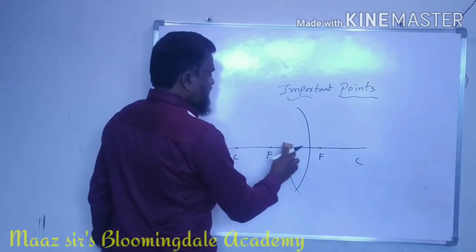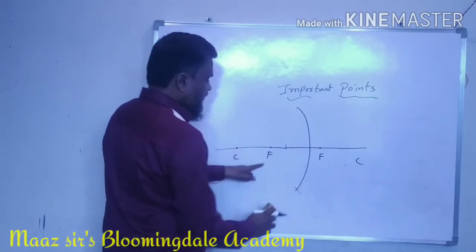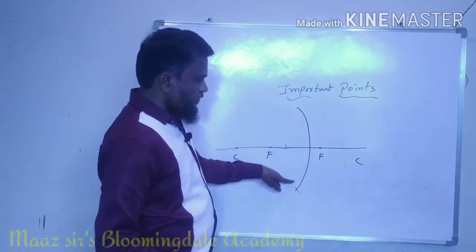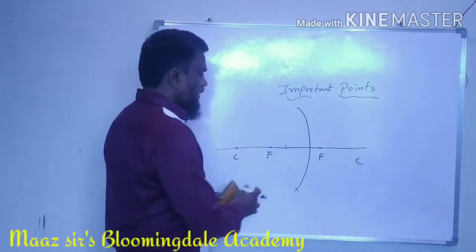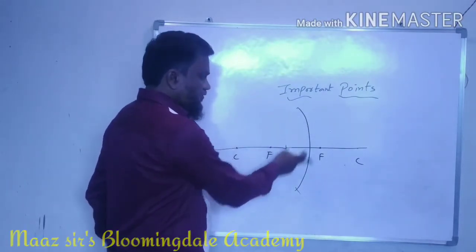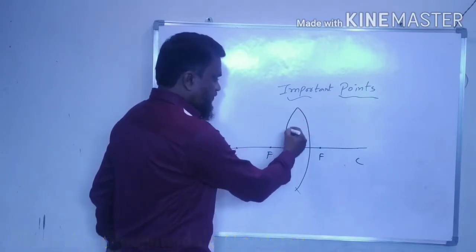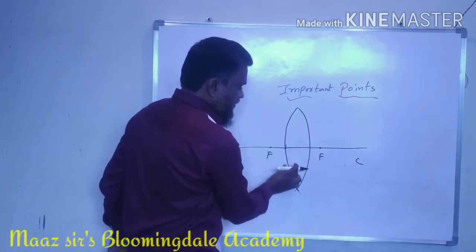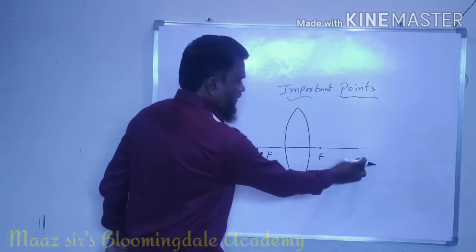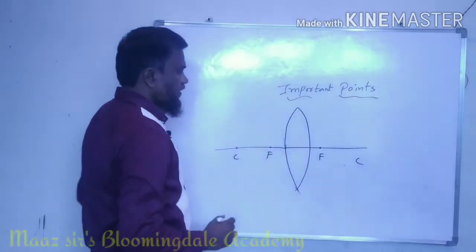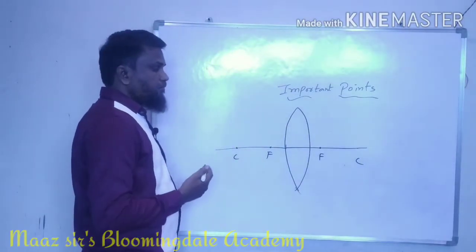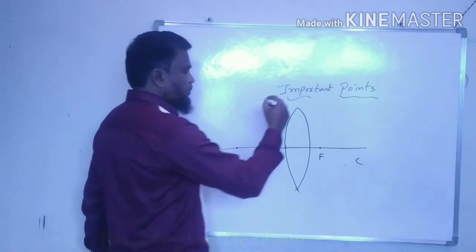This is the focal point of this curved surface, and this is the center of curvature of this curved surface. So if I draw a curved surface like this, this focus belongs to this surface and this center belongs to this surface.